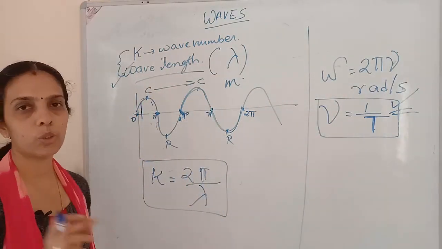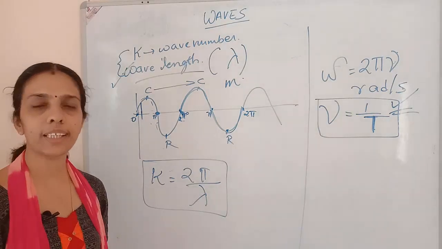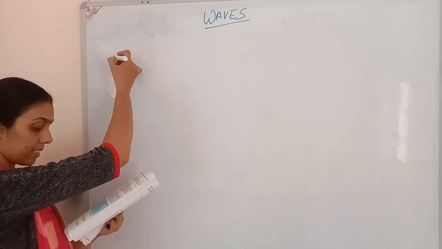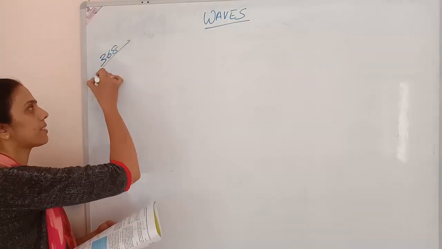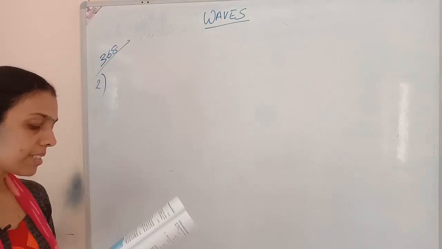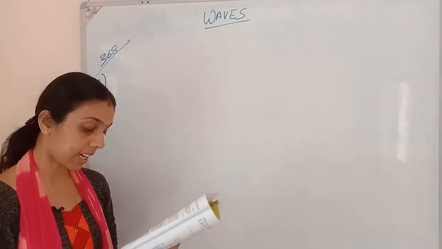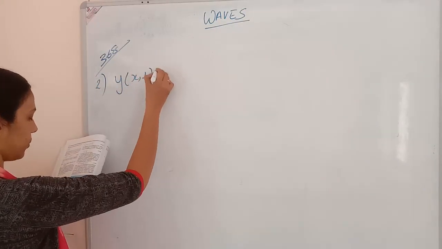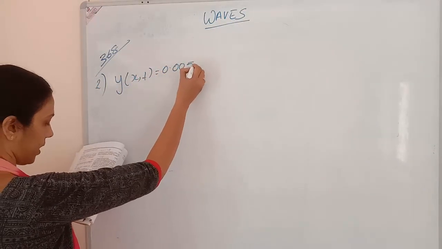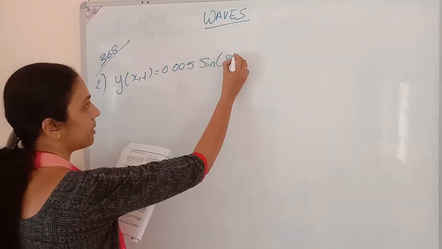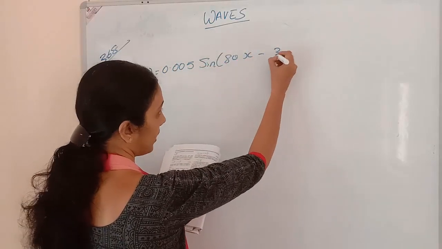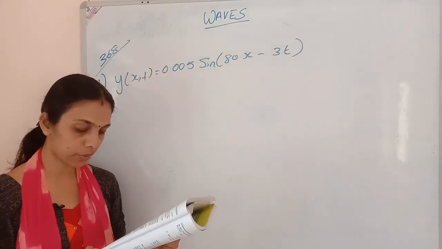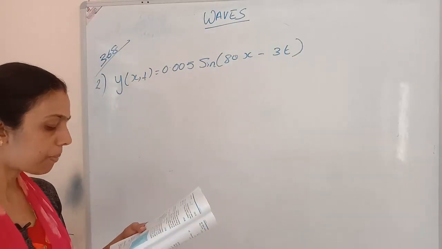Okay, so these are the formulas which you should remember. Now we will do one solved example question in the textbook. This is from page number 368, the second question. A wave traveling along a string is described by y of x,t equals 0.005 sine (80x minus 3t), in which the numerical constants are in SI units. Calculate the amplitude of the wave.